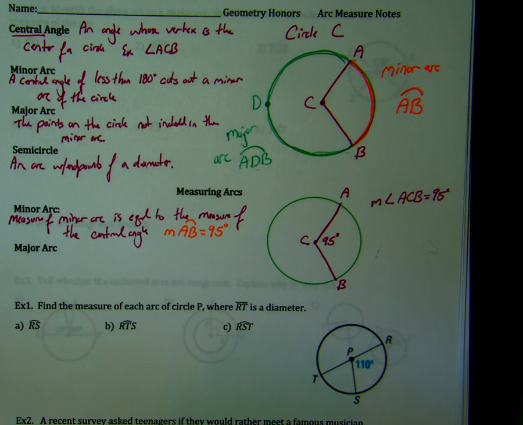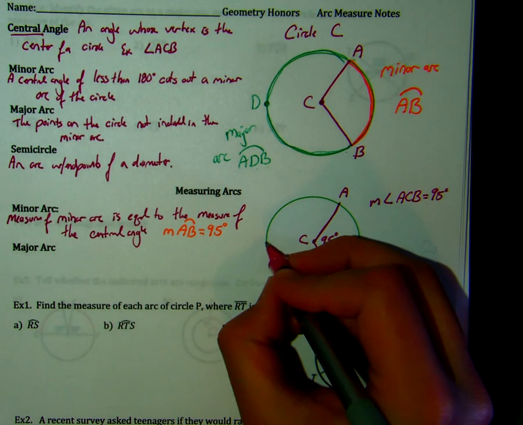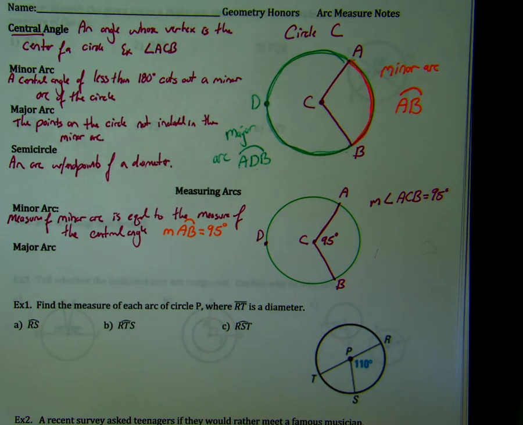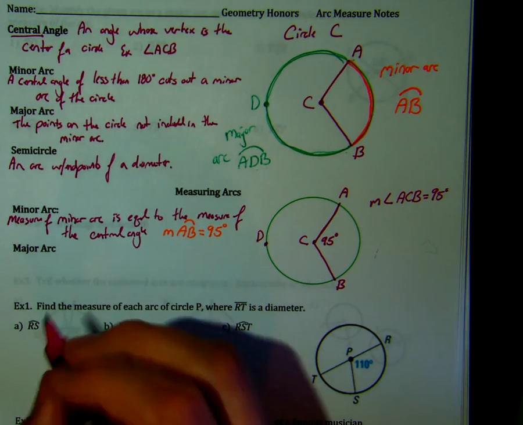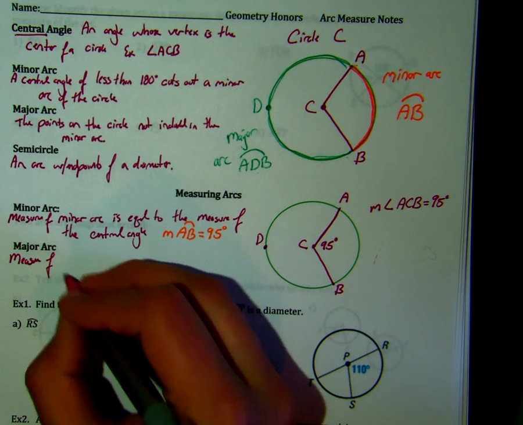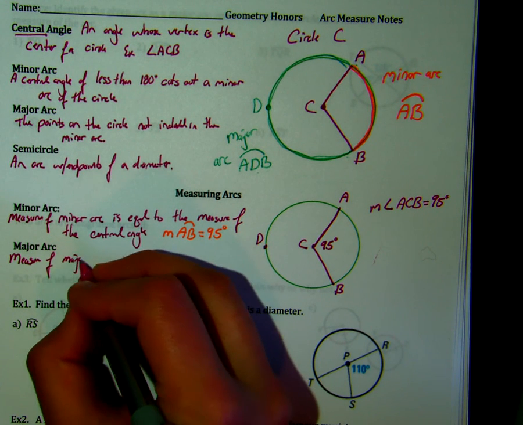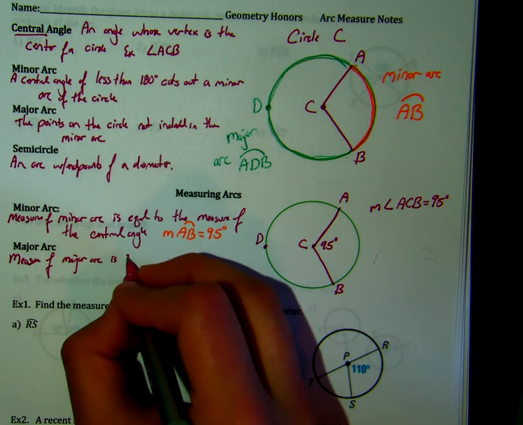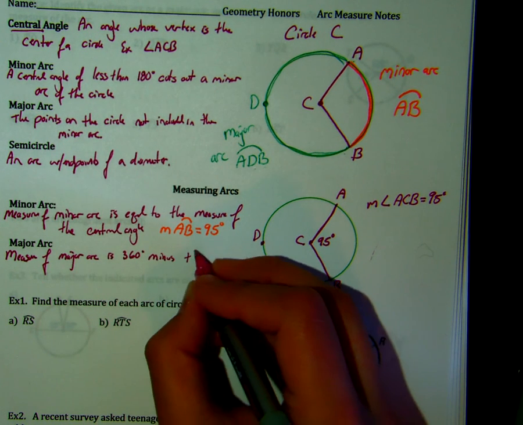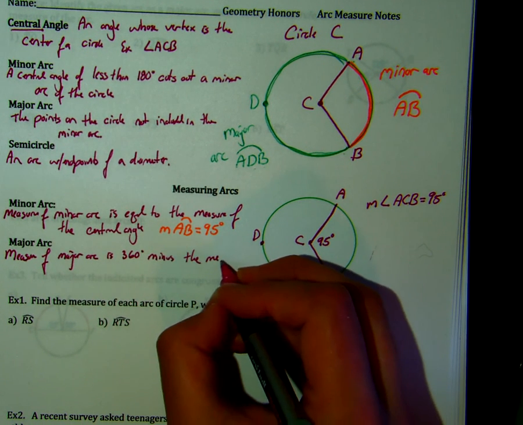Now that means if I want the major arc, the sum of all the angles is 360 degrees, so you can just subtract them. So the measure of a major arc is 360 degrees minus the measure of the minor arc.